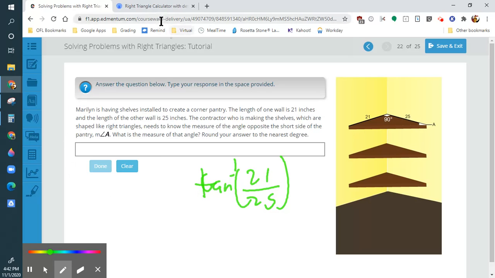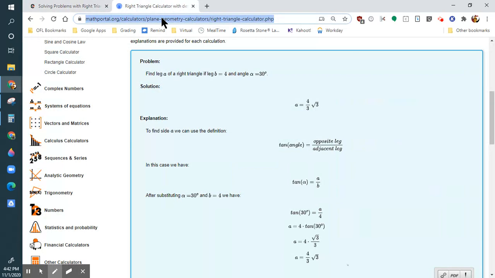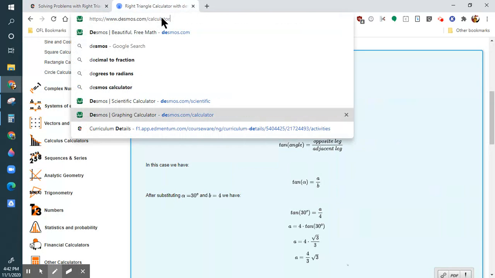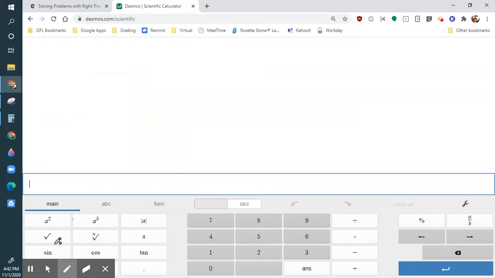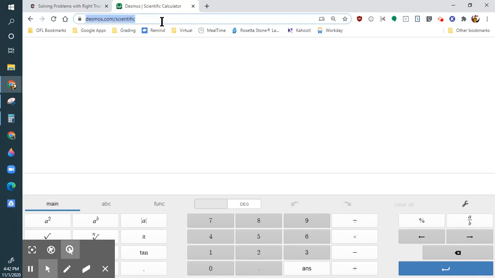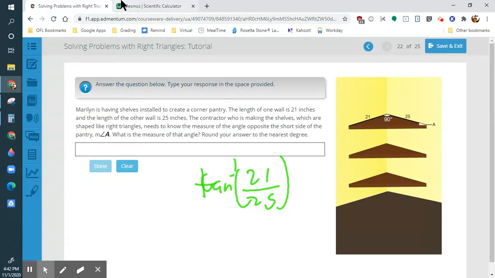So let's get down to doing this part. Go to Desmos. I'm going to use scientific calculator. It's funny because you can tell that they made the scientific calculator after the fact, because the graphing calculator is just called calculator.